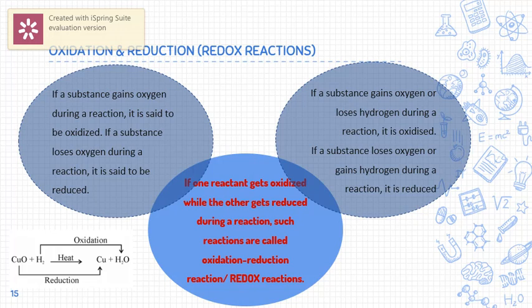Therefore, copper oxide is getting reduced. So hydrogen is oxidized and copper oxide is reduced. Hydrogen is oxidized to water, whereas copper oxide is reduced to copper. Now we will see one more slide, where oxidation, reduction, oxidized, reduced, the oxidizing agent and the reducing agent are shown with examples.